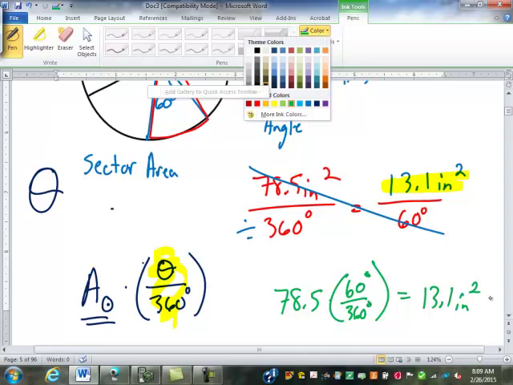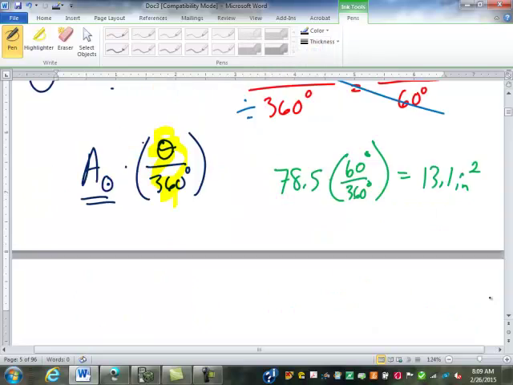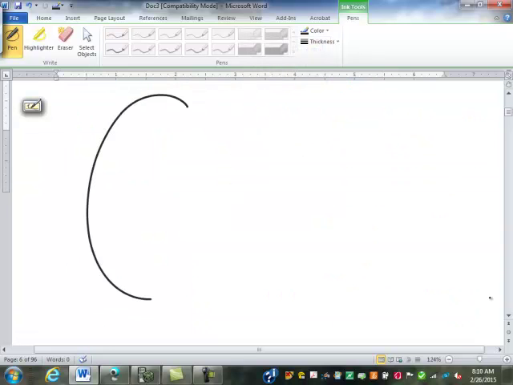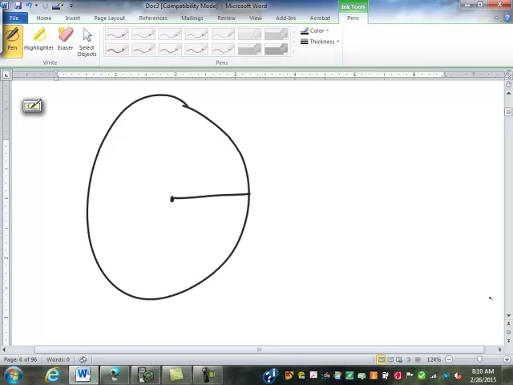So let's have you try it. Pretend that's in the center of the circle. So this is 110 degrees, 7 millimeter radius.